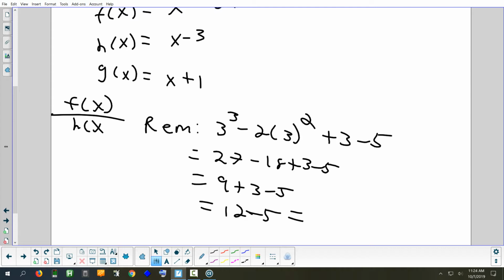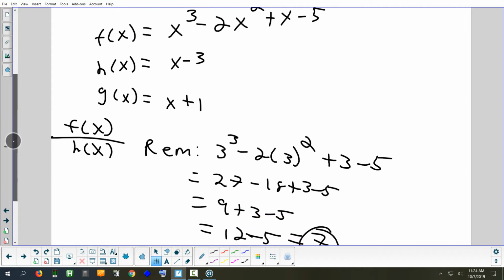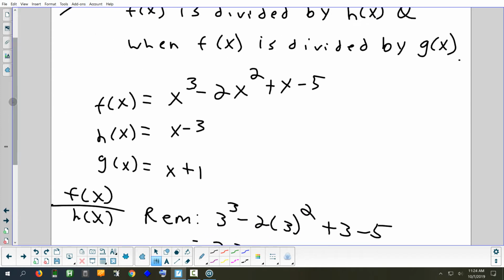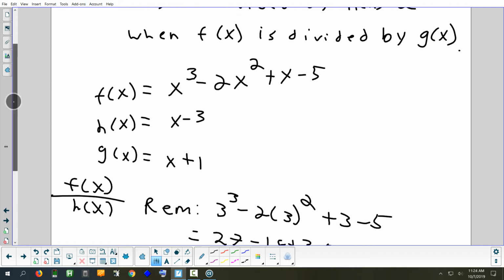So we get 12 minus 5 or 7. Double check my arithmetic, but I'm pretty sure we did that right. So that's the remainder. It's not a 0. I'm really looking for remainder of 0 when we start to look for factors, that's what we're building towards here. So no remainder 0 there. So x minus 3 is not a factor of f of x.